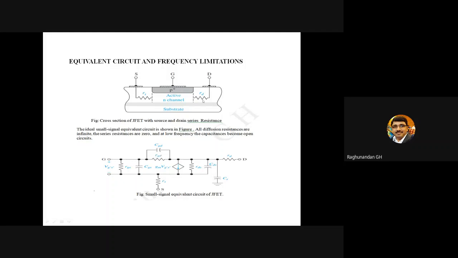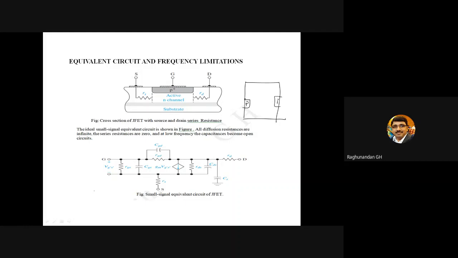And again, between the drain and the source, because source is grounded, you have seen the construction.